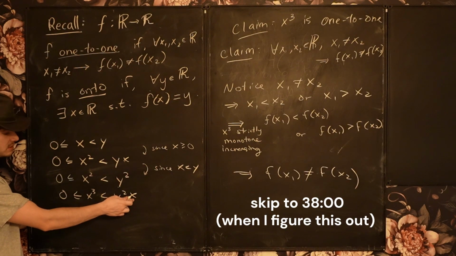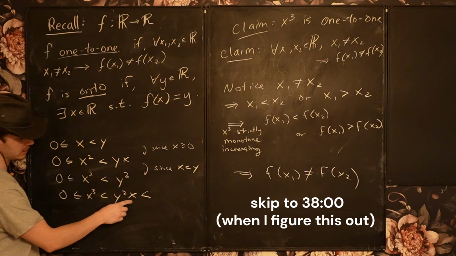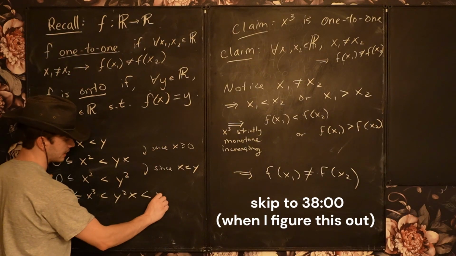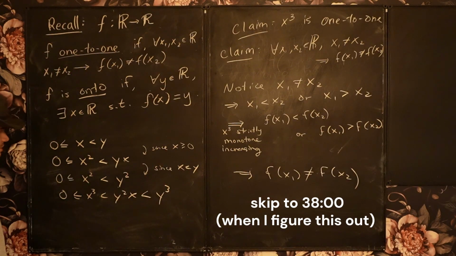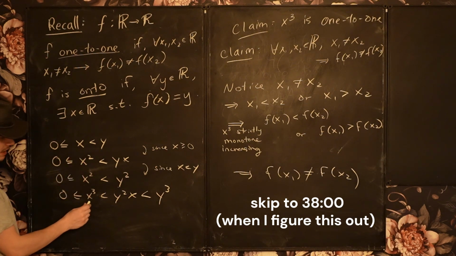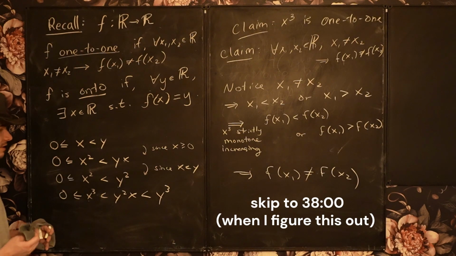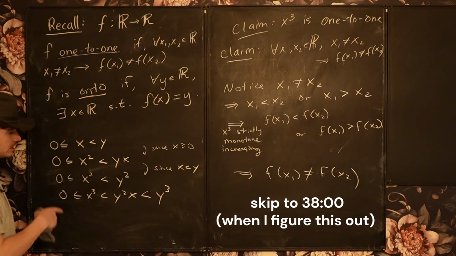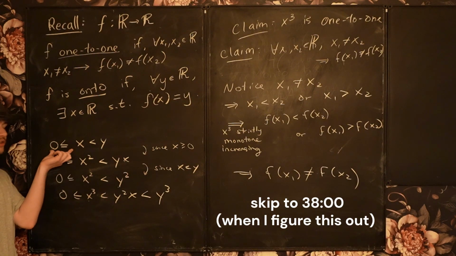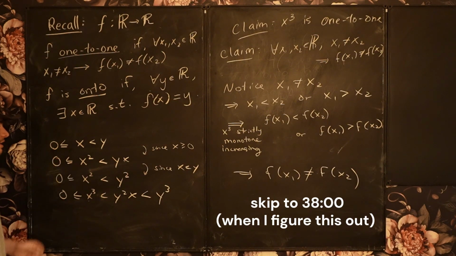Since x is less than y, I can replace an x with a y to get y cubed, okay? So this tells me that x less than y implies that x cubed is less than y cubed. But in fact, I don't need this positivity assumption on x, as we'll see.